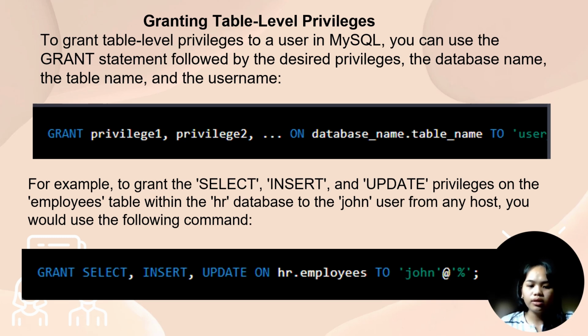Let's take a look at an example: grant select, insert, update on database table HR employees to the user. So this is a very simple basic syntax to grant table level privileges to the user.